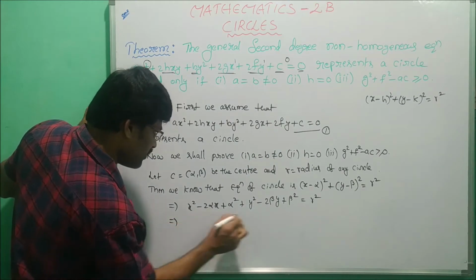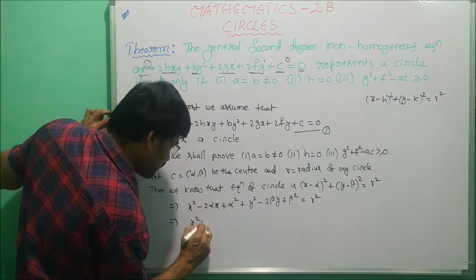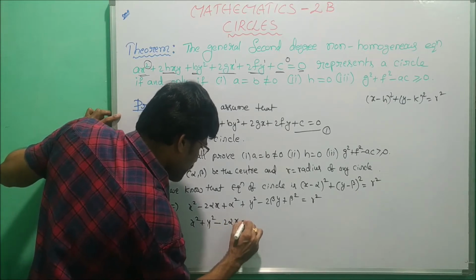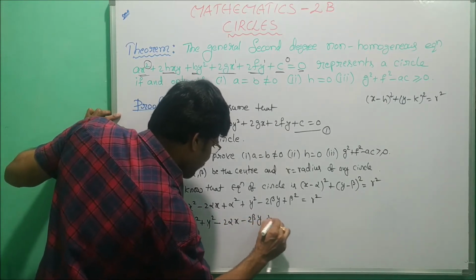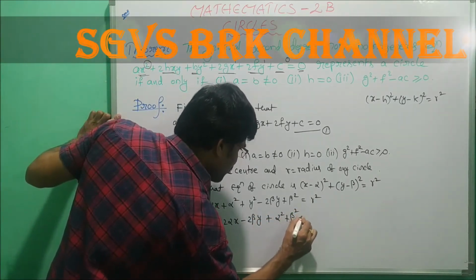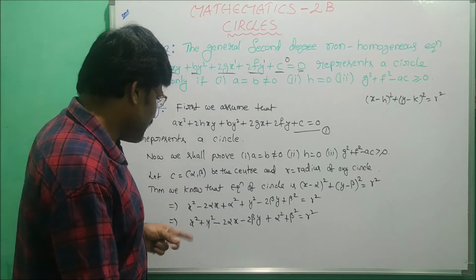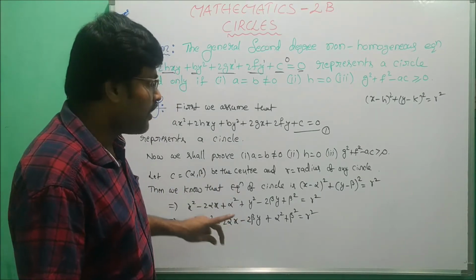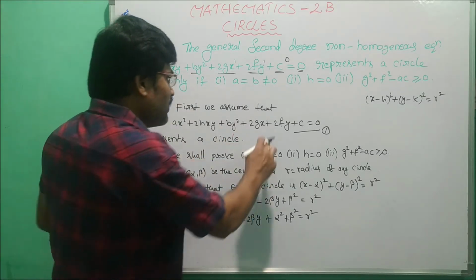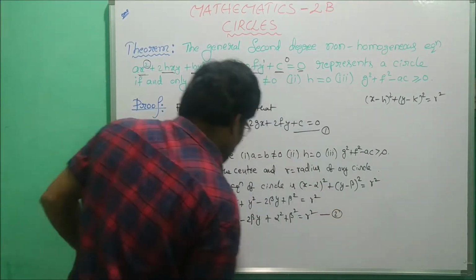Now if we write it in order, x square plus y square minus 2 alpha x minus 2 beta y plus the constants alpha square plus beta square equals r square. Now we observe that this is the equation of a circle. The given second degree non-homogeneous equation is also a circle. These are treated as the same equation, which is equation 2.